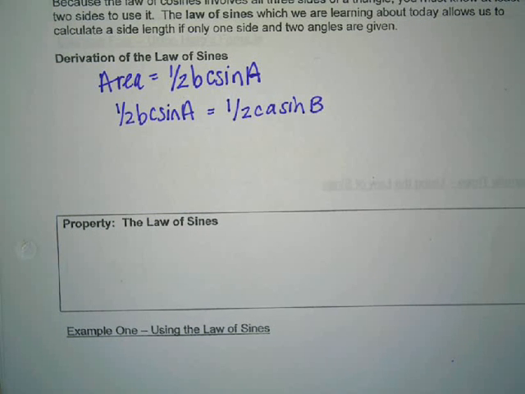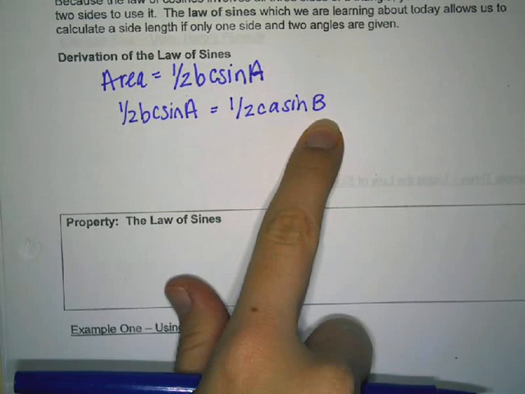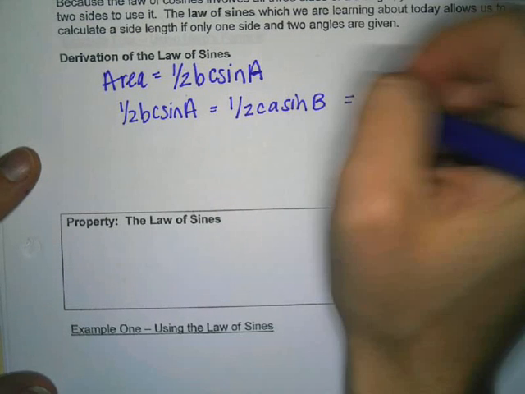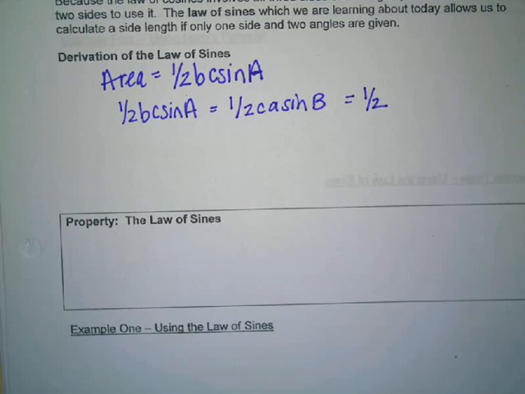Yeah, the two sides and the included angle. And then the third way I could write the same area formula would be 1/2 ab sine C.